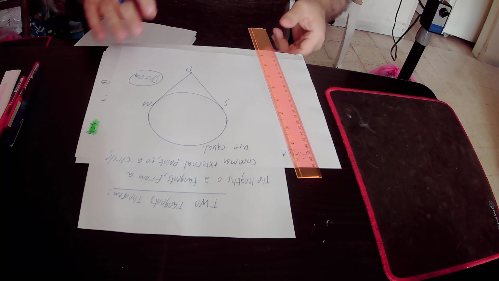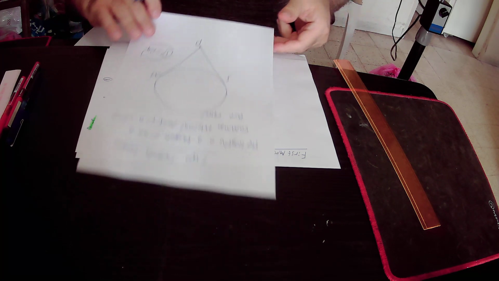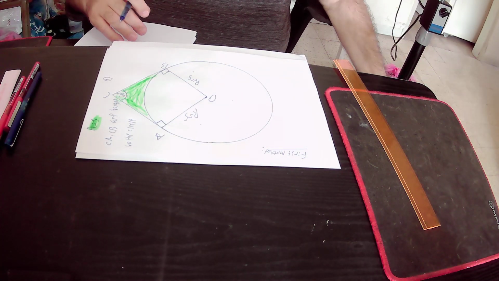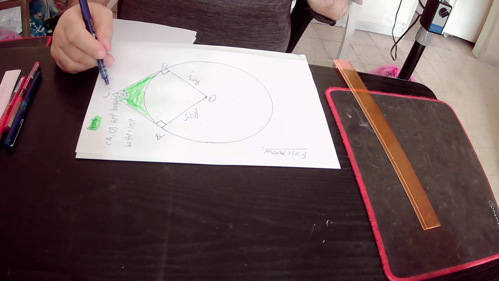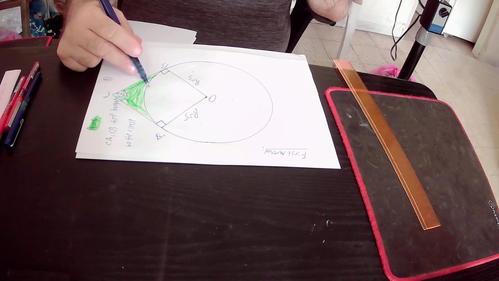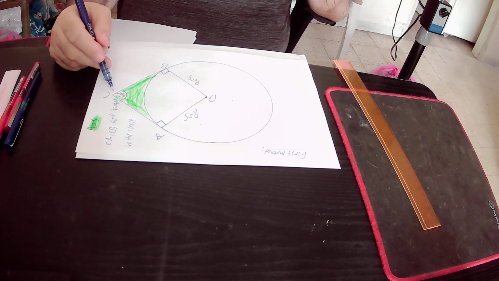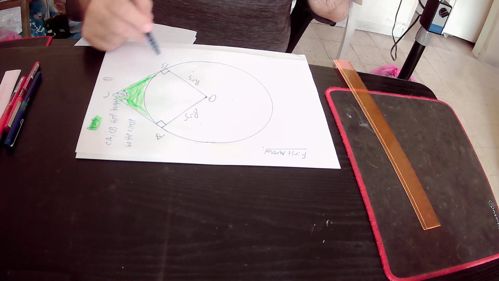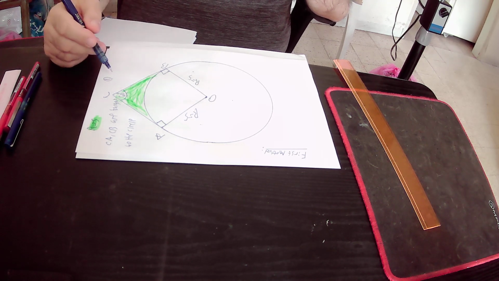Okay, so according to the two tangents theorem, we have here an external point to this circle, that is to say point C is an external common point in relation to this circle, and from point C we have two tangents to the circle, tangent CB and tangent CA.